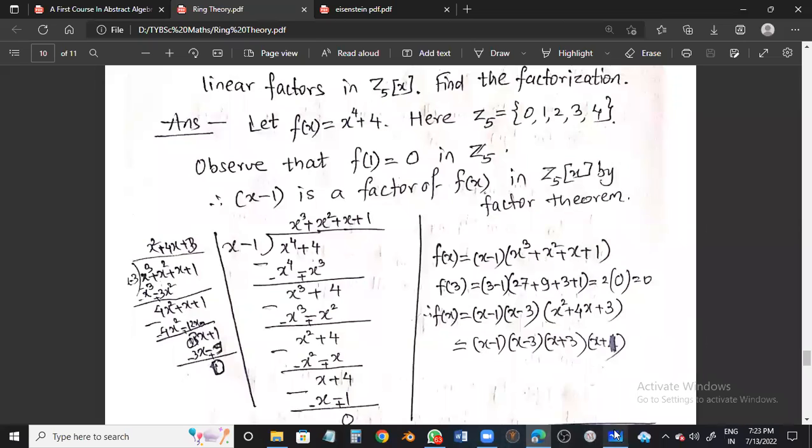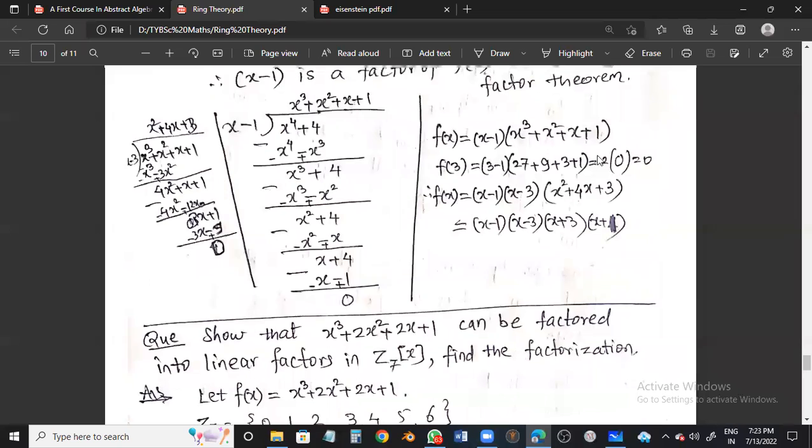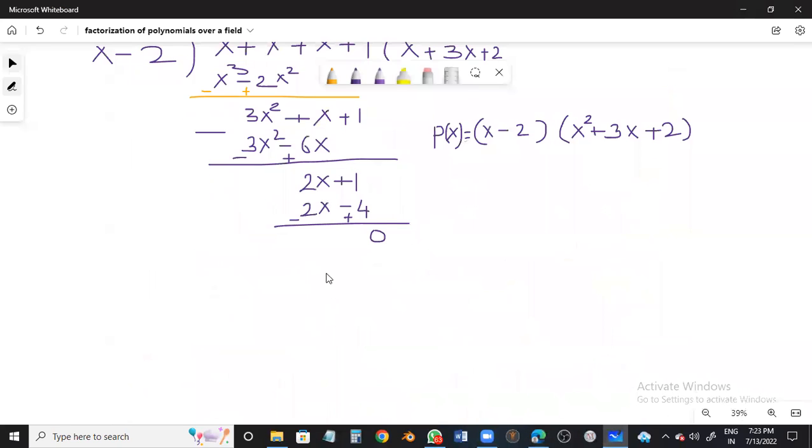So the factors ultimately I should get the same. X minus 1, there I'm getting x minus 2, and nowhere I find x minus 2 here. So please check my answer and convey to me. Okay, here we got the factorization as x minus 2.